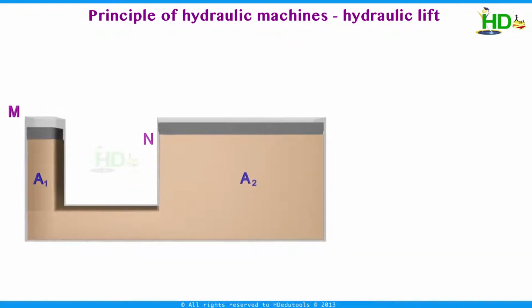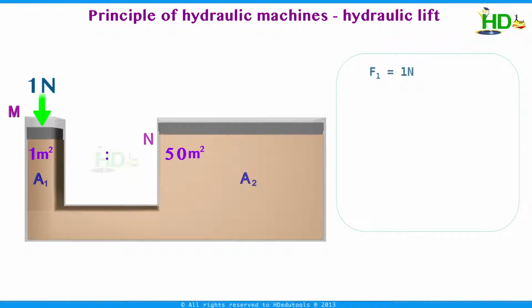For example, consider that the ratio of area of cross section of these 2 pistons is 1:50. That means the area of cross section of this is 50 times more compared to the smaller one. When a force of 1 Newton is applied, what is the pressure? Let us consider the area of cross section is 1 meter square here and 50 meter square here. In this case, the pressure is F by A, that is 1 by 1, which is equal to 1 Newton per meter square.